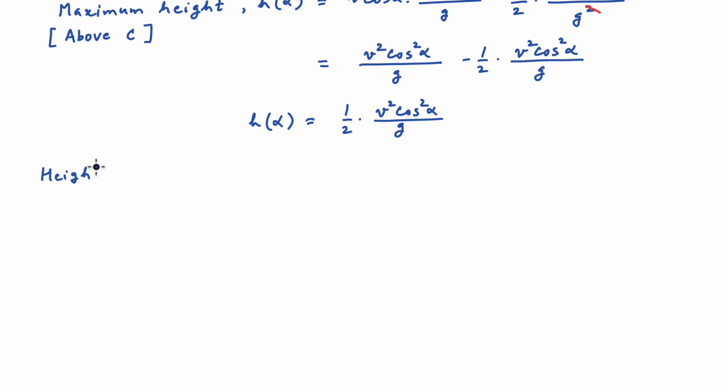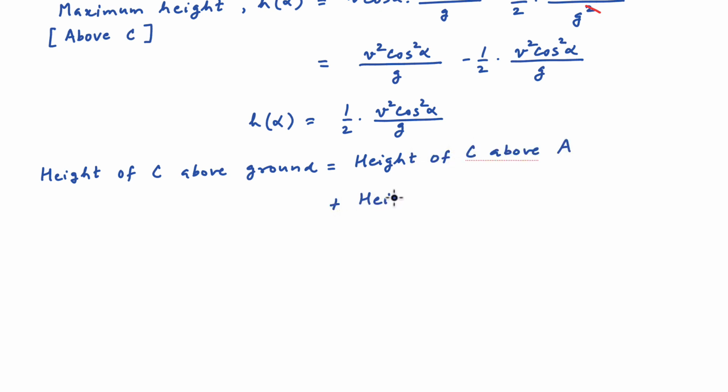Now the height of C above ground is equal to the height of C above A plus the height of A above ground. The first term we have learnt earlier is r sine alpha, and the second term is equal to r.